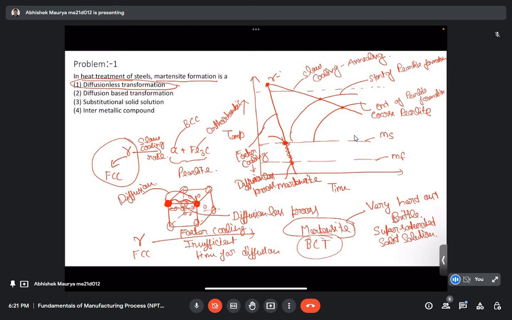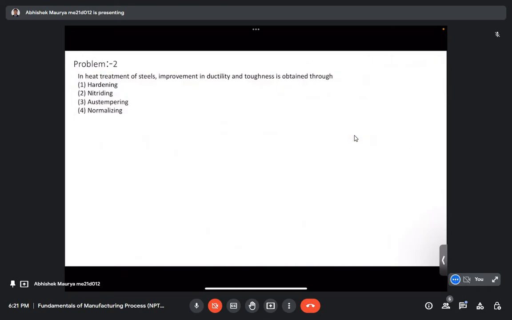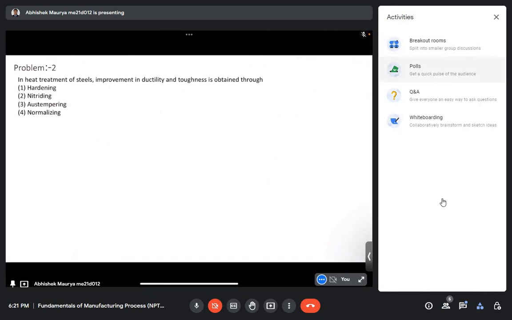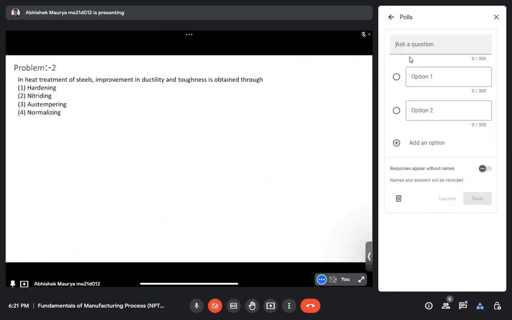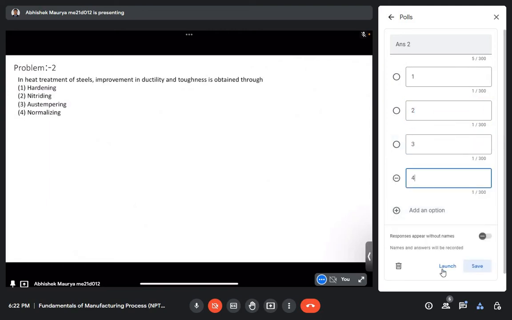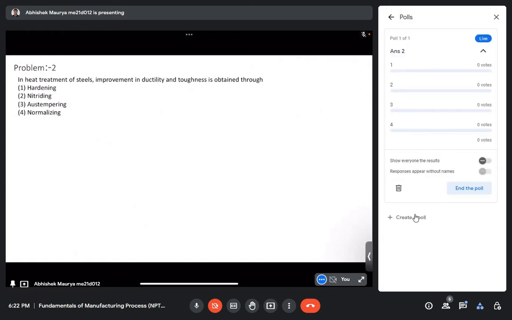Please read the problem and try to find the correct answer. Meanwhile, I will create the polls. You can keep your response in the polling section. After that I will discuss the solution of this problem. Yes, polls are live.